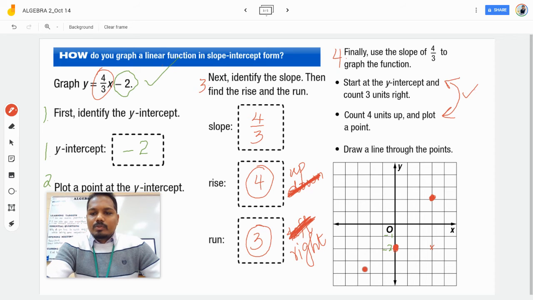So the slope is going to look like this: -4 over -3, which, when you simplify, you will end up with +4/3. Okay, you can rewrite the slope if you want to plot a point below the existing point.